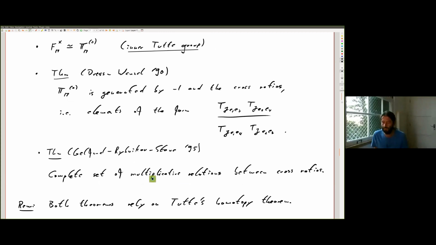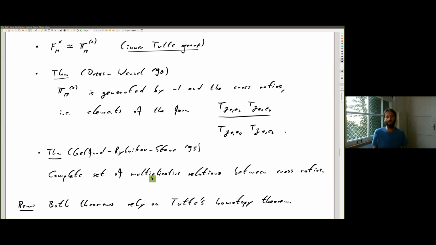And a remark that might comfort those of you who are dealing with presentations of matrices over partial fields and finite fields and the rota conjecture: both theorems rely on Tutte's homotopy theorem. So Tutte's homotopy theorem, which appears in this theorem we mentioned before, is built into the inner Tutte group, in a sense, or into the pasture.